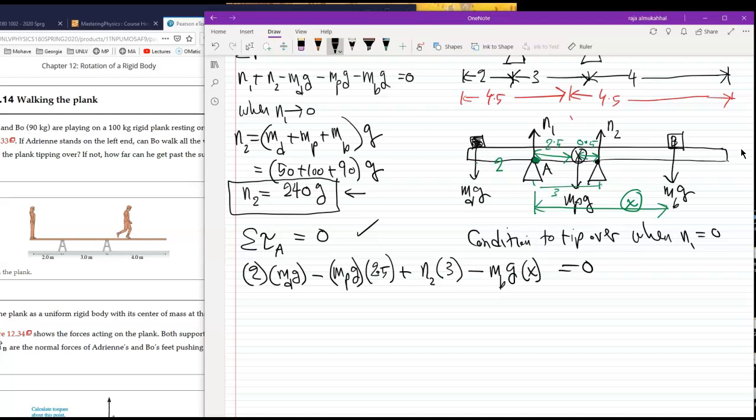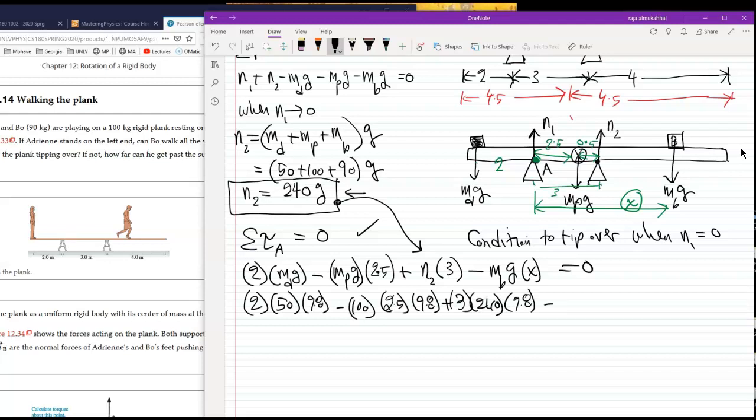All I need to do is take this N2 right here, plug it right there, and then I have everything else. Let me go one more step. So it's going to be 2 times 50 times 9.8 minus plank is 100, 2.5 times 9.8 plus 3 times N2 is 240 times 9.8 minus Bo is 90 times 9.8, times X equals 0.